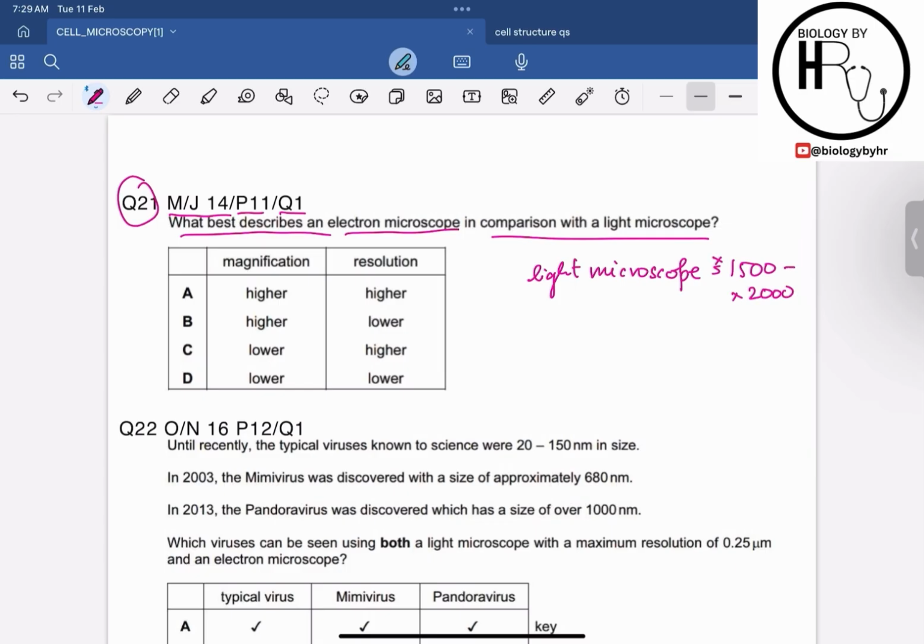And if I talk about the electron microscope magnification, it can be up to 1 million. So hence the magnification of the electron microscope is basically higher than the light microscope, right?